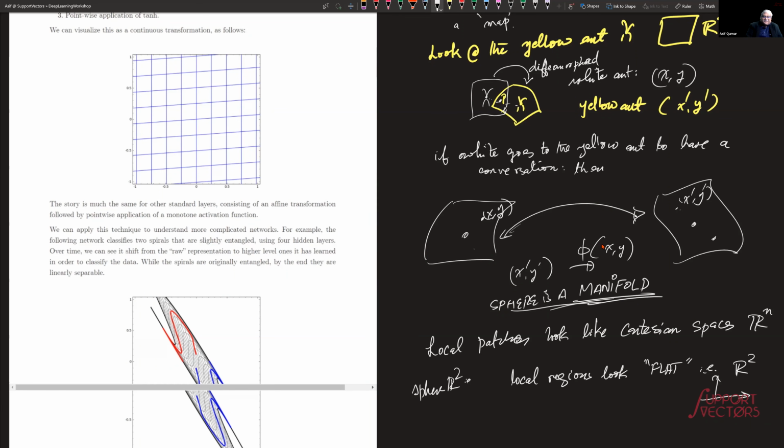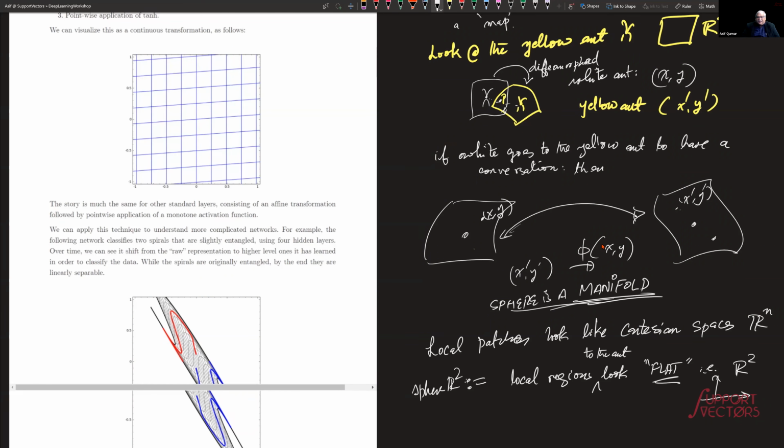So this is true for a sphere, isn't it? To the ant, it looks flat. So any kind of hypersurface, broadly, where this is true.